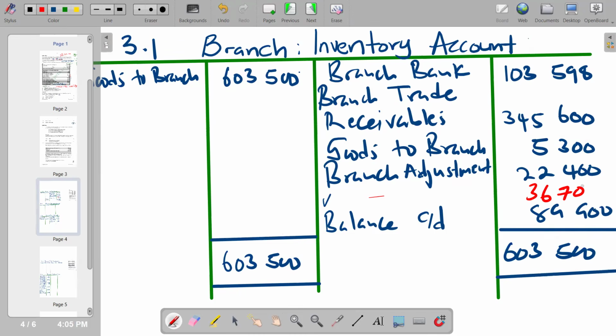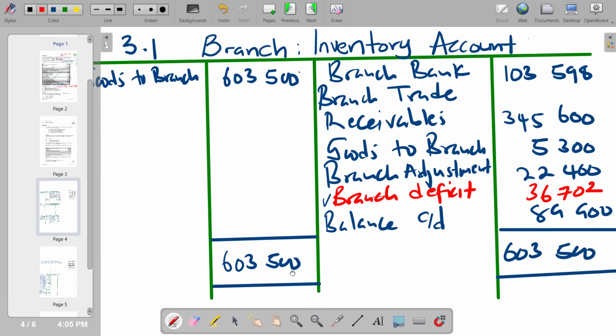Remember, we left space here to put this balancing figure, and this is the branch deficit. If we had a smaller figure on the debit side, it was supposed to come here as branch surplus, and then we put the amount of the difference between the two totals. So this branch deficit is supposed to be transferred to the branch adjustment account.